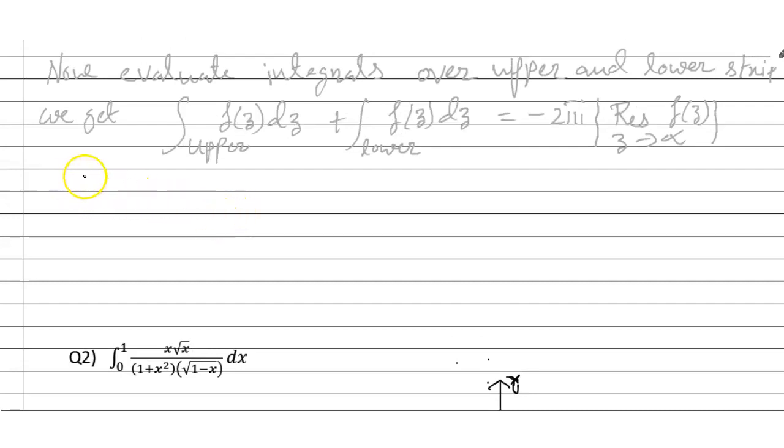So friends, we can write the integration upper of f(z) can be written from 0 to 1 of exponential of minus i x plus x by pi ln(1 minus x) minus x by pi ln x dx.